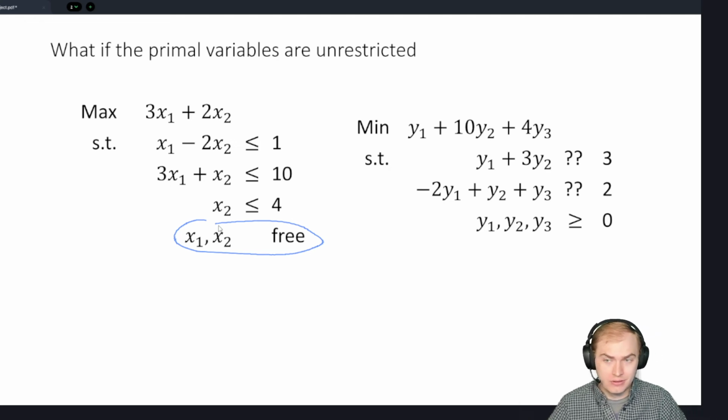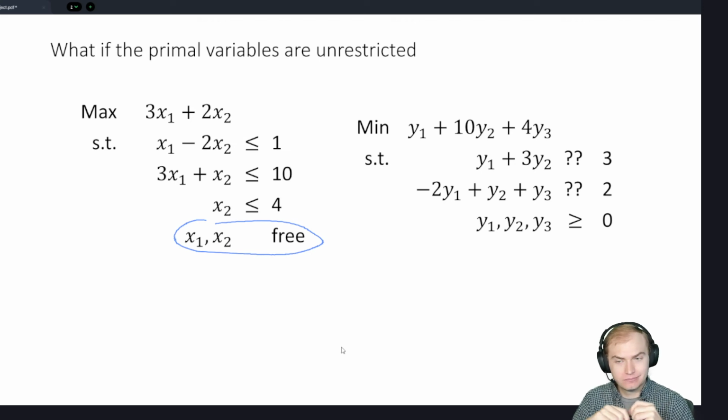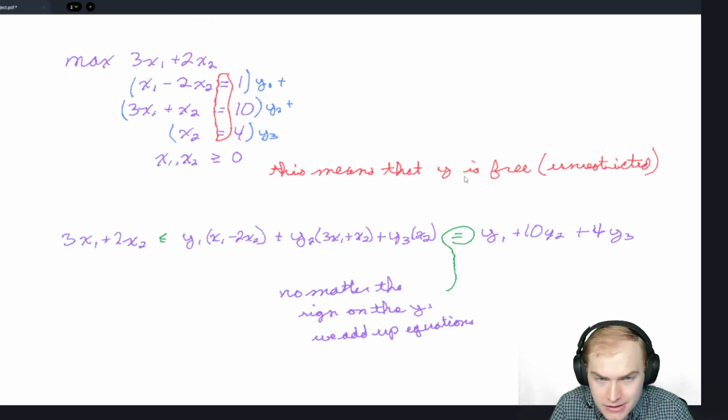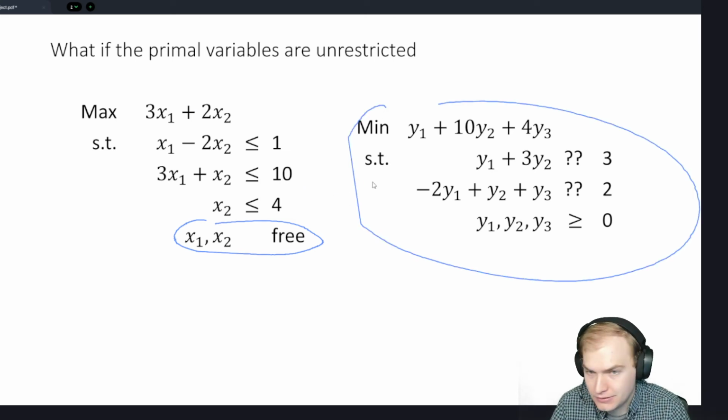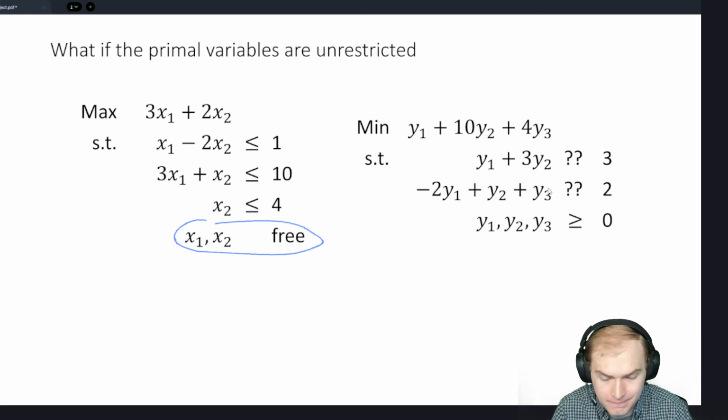So we can swap our logic in our heads and say that, well, back here the variables were free because the constraints were equations. And if we want the dual of this to equal this with free variables, then the only option is to have equality constraints.